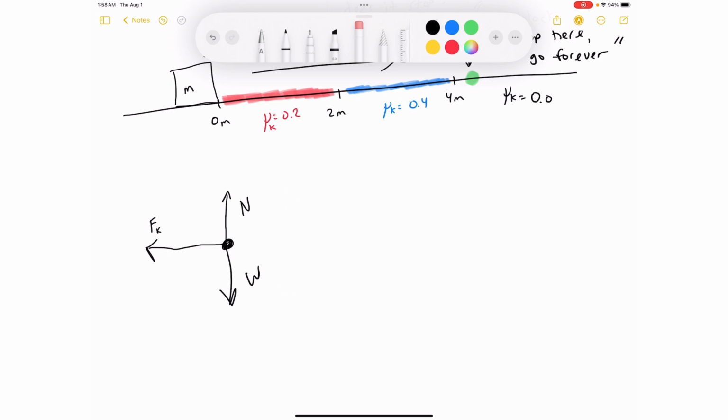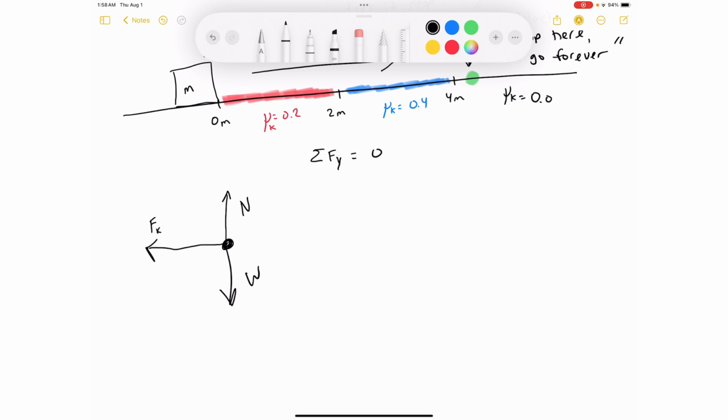Okay, cool. So we know then that you could also say the sum of the forces in y equals 0, right? If I sum them up, so if the normal force is positive and the weight force is negative, if you add those two together, you should get 0, right?